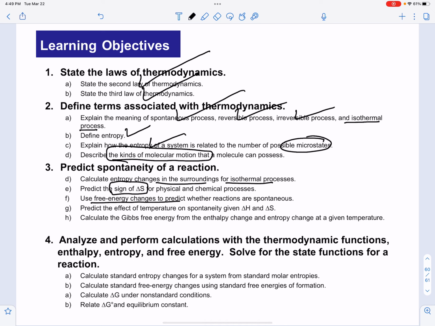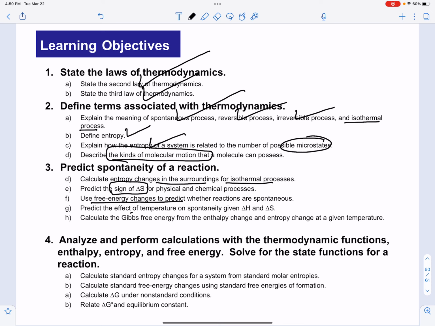We know that delta G less than 0 is going to be a spontaneous reaction. But if an equilibrium is involved, we have to be talking about spontaneous in the forward direction or spontaneous in the reverse direction.